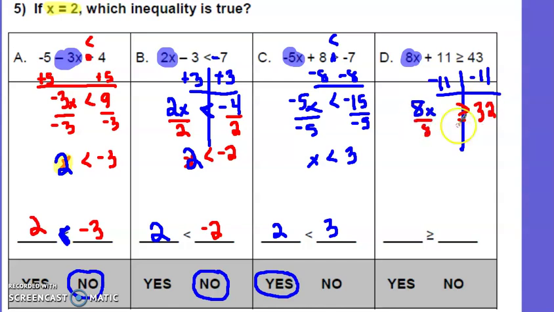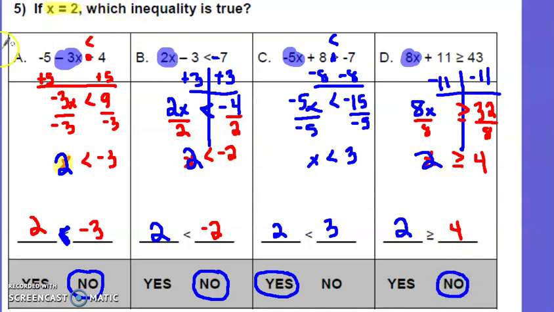Then divide both sides by 8, because that's the inverse operation, and then we get x is greater than or equal to 4. So here it says greater than or equal to 4. It's pointing at the 4, so the 4 stays here. And we already know that x is 2. So then we ask ourselves, is 2 larger than or equal to 4? The answer to that is no.